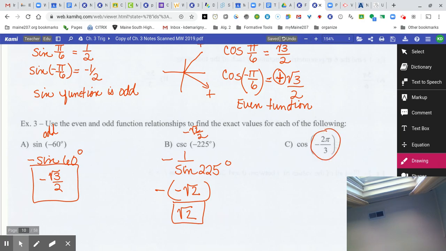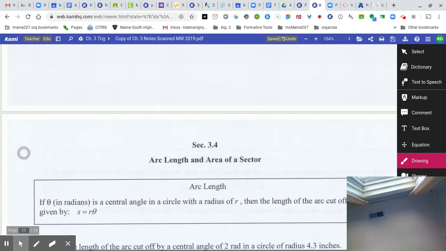So the value of cosine of negative 2 pi thirds is negative 1/2. So since it's an even function, it's going to remain the same value at negative 1/2. And those are the values for even and odd functions.